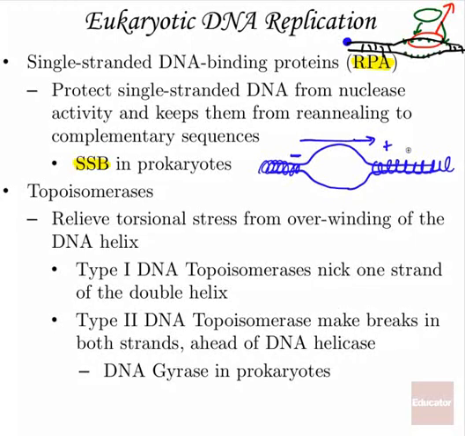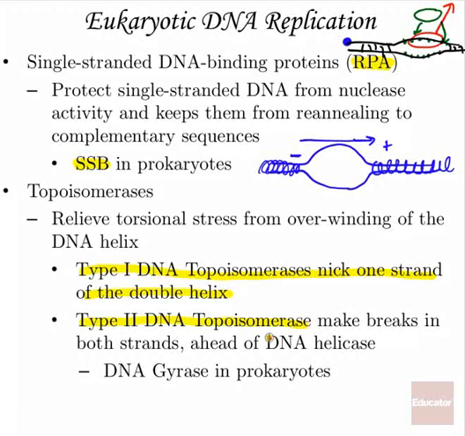So that's where our topoisomerases come back in. Now, topoisomerases are proteins that help relieve that torsional stress that's exerted on the DNA from the overwinding. So we have type 1 topoisomerases that nick one strand of the double helix, and we have type 2 topos, or topo 2, that make breaks in both strands.